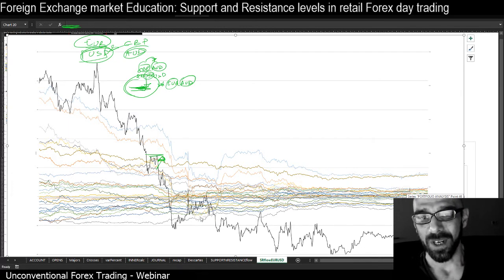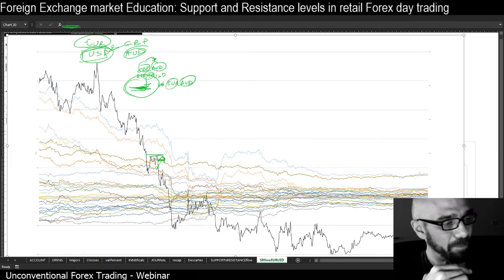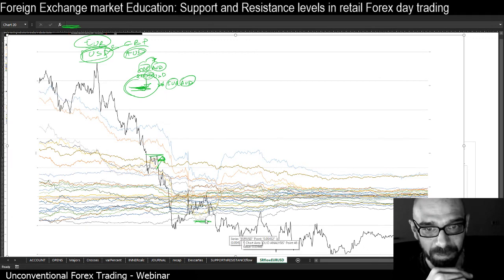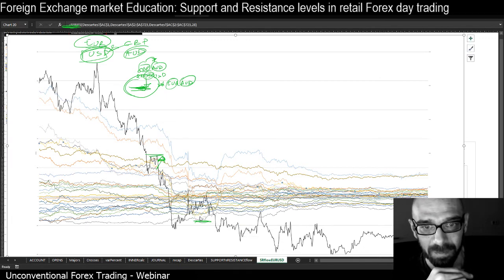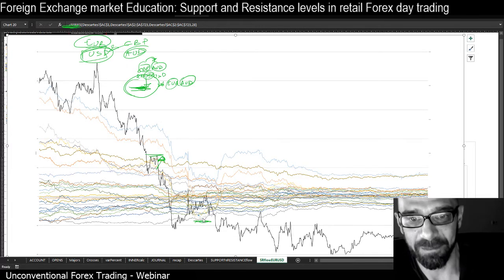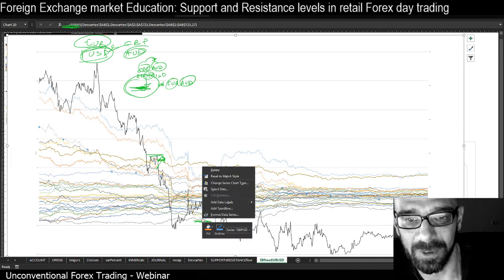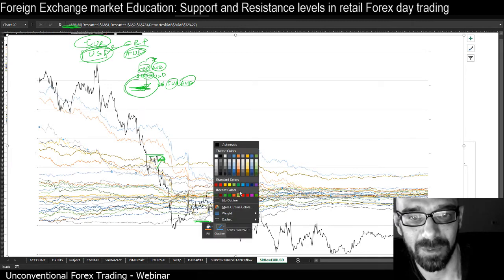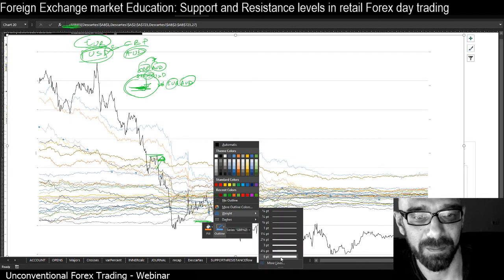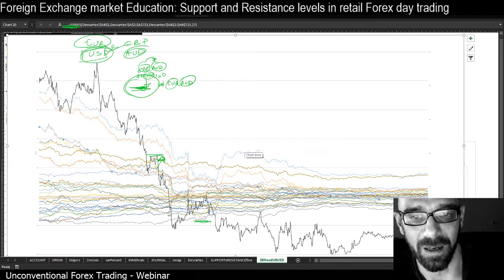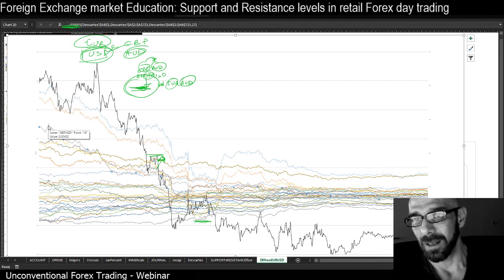And even if they have retraced, and look, this is a clear element of support resistance, because the weakest currency, which is Australian dollar, New Zealand dollar, is creating the support. Let me just highlight also this other currency. Yeah. So this gray one, okay.